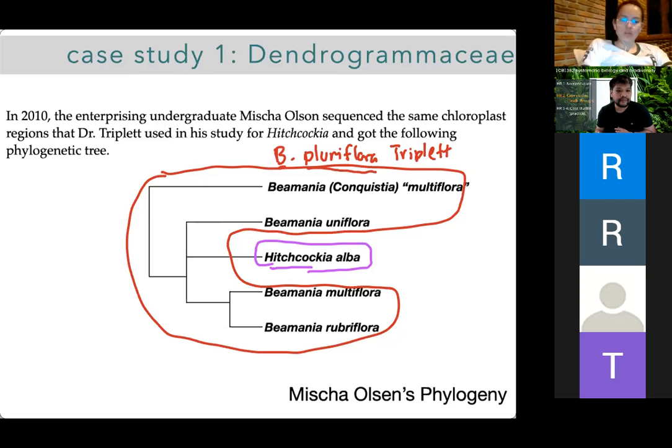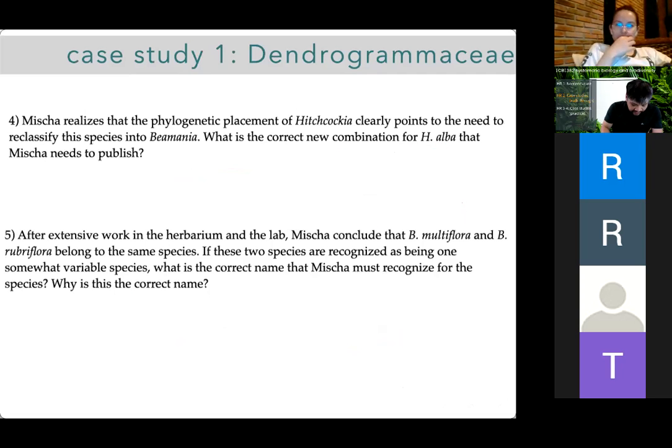Okay. But now the same problem happened again, right? Misha made her advisor really anxious, like, God, I thought I solved this problem 2 years ago. Now you make new problems for me. So like, sure. And Misha decided, okay, she pointed out that Hitchcockia, the white flower thing, is actually in the same genus as Bimania.